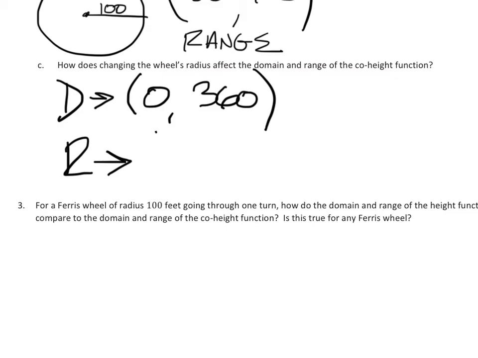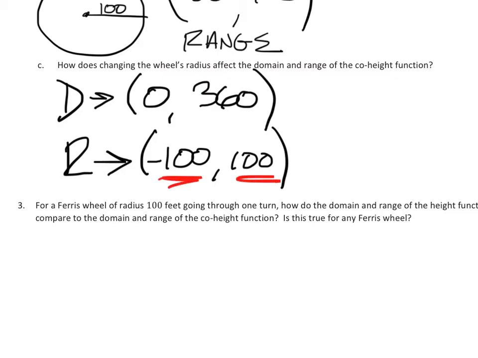And from the problem we just did, it's negative 100 up to 100. How does changing the radius affect the range? It changes the maximum and minimum values. One thing about the range that will not change is that it will still be a negative radius up to a positive radius. That element still stays the same. Your actual numbers will change if your radius changes.